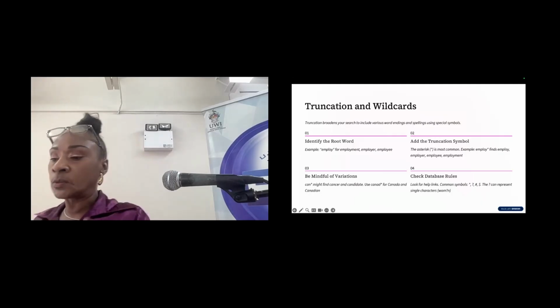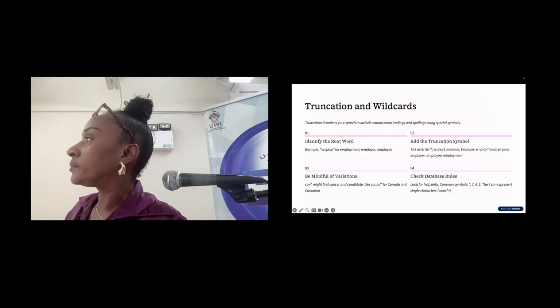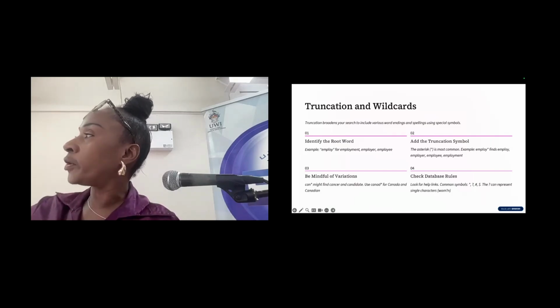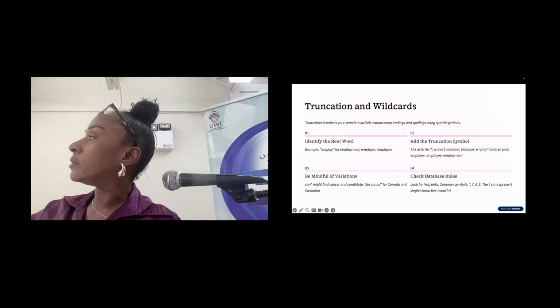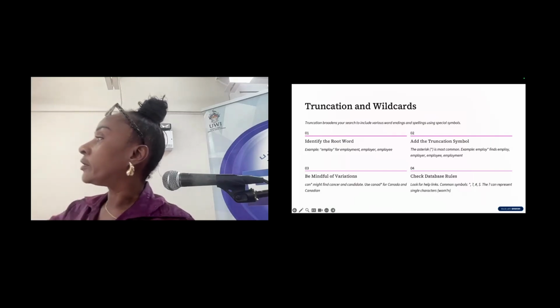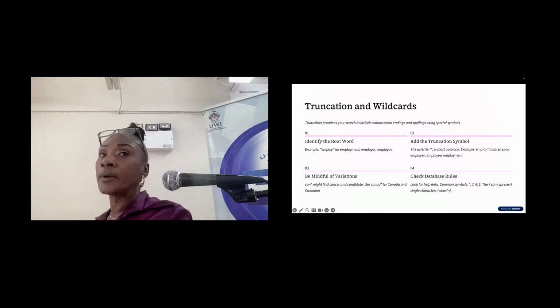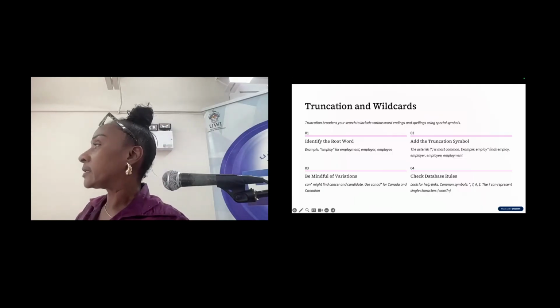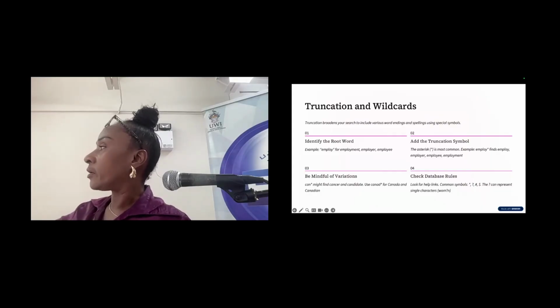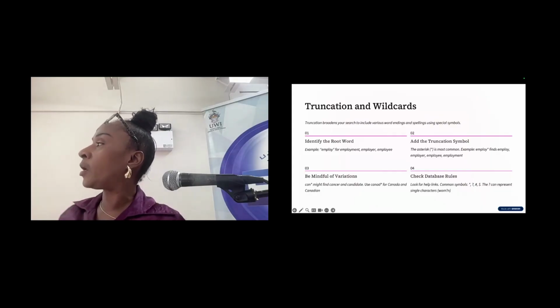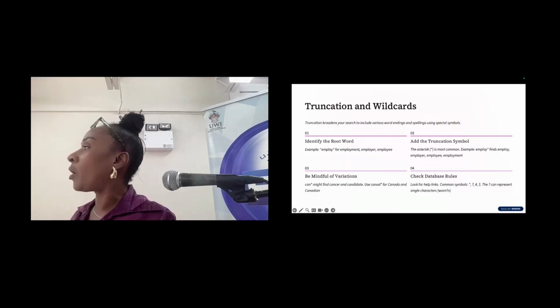There are various wildcards that you can use. Where the root word ends, you place your truncation symbol, and the asterisk is the most common character used. So in the example, after the root of the word employ, you can get employer, employee, employees.